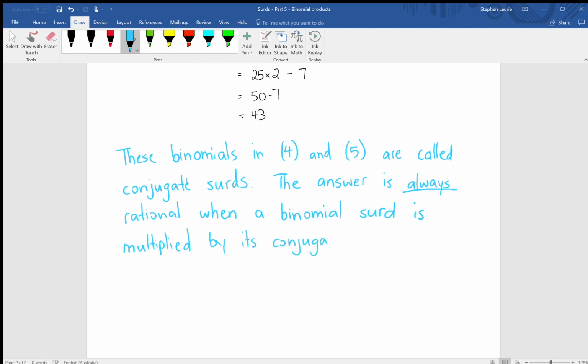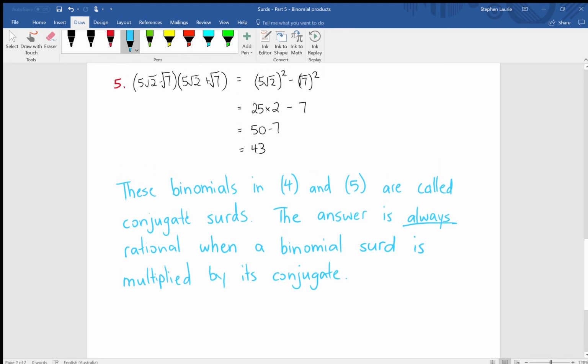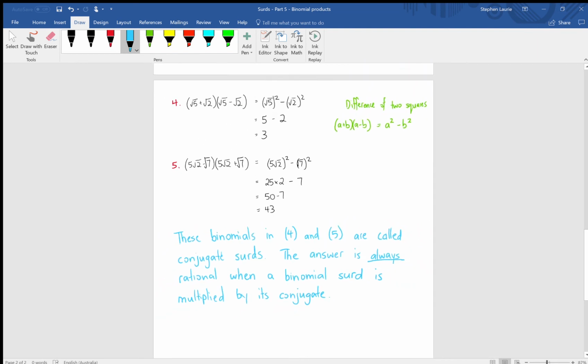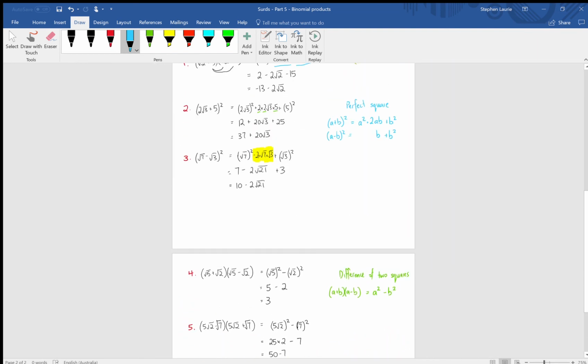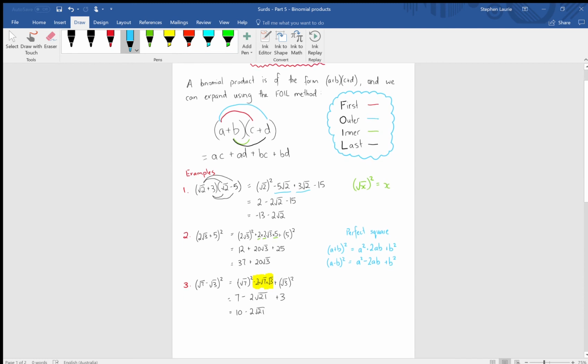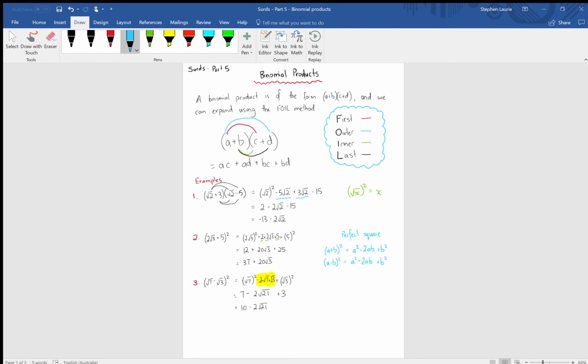The reason we've written this out is because this is going to help us in the lessons to come. So just recapping. A binomial product is of the form a plus b times c plus d, and we can expand those using the FOIL method. We're taking the FOIL method and applying it now to binomial products that involve surds.